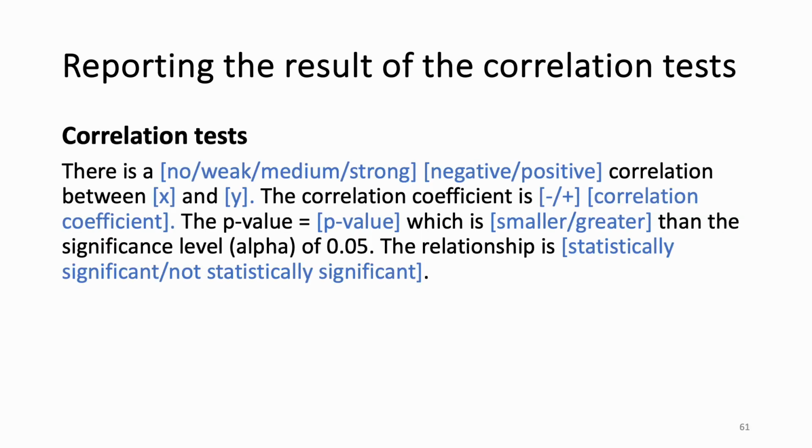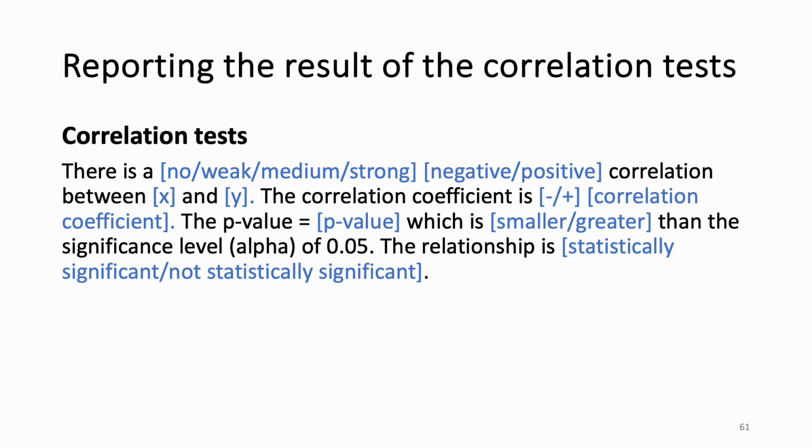After conducting the correlation test, we have to report the result of these tests, and we can do so using the following example. We can say that there is no or weak or medium or strong, and then we say if it's a negative or positive correlation between x and y. And of course here x and y are your variables. Then we say that the correlation coefficient is, and we put the sign if it's negative or positive, and then we report the value of the correlation coefficient.